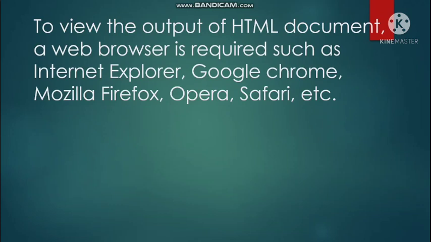To view the output of an HTML document, a web browser is required, such as Internet Explorer, Google Chrome, Mozilla Firefox, Opera, Safari, etc. See, every computer or every system which you use will have a default browser. So when you save the HTML document, automatically it will change to the icon of the default browser.